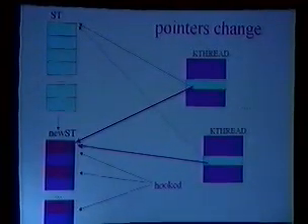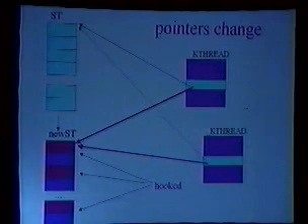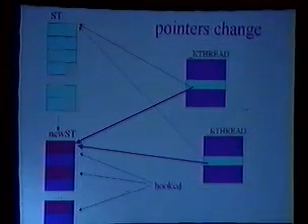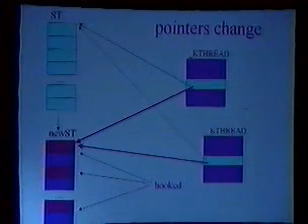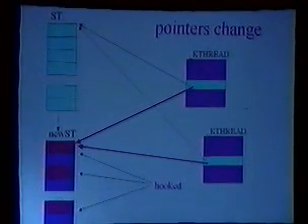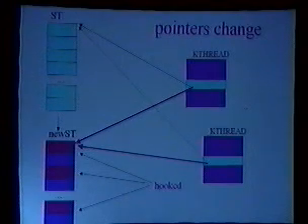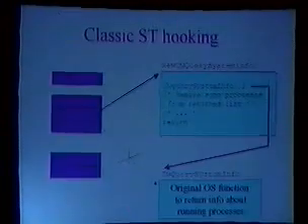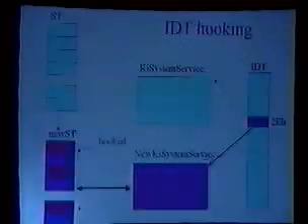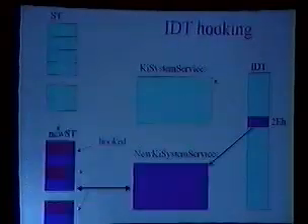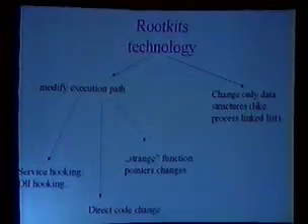We can find some pointers which are used in the process of, for example, getting the listing of a directory or something else, and we can change these pointers to point to some other functions. So we won't change any code, but we only change some data, and we achieve execution path redirection. Okay, we have also seen such a rootkit.